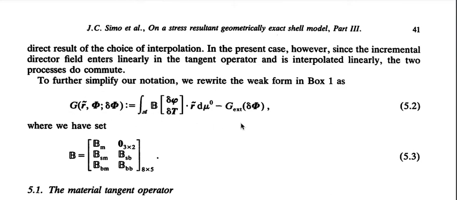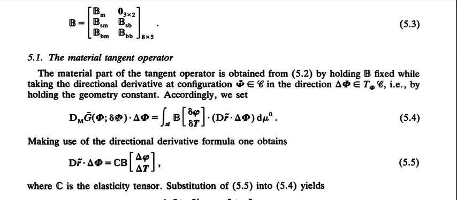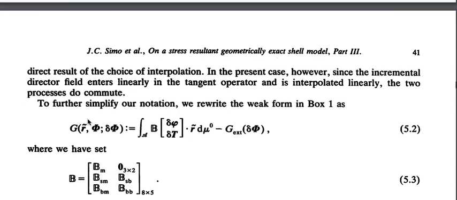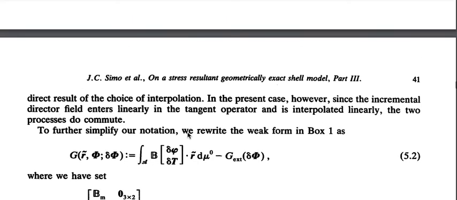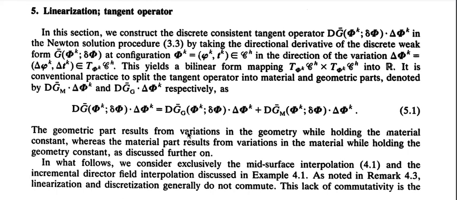Now let us look at this weak form equation, expressed in terms of matrix differential operators. It is a nonlinear equation, and we are going to linearize it now. We are going to break this into two parts. First will be the material tangent, and the second will be the geometric tangent. This is the equation of G which we have to solve.